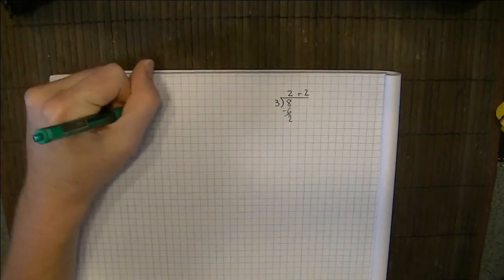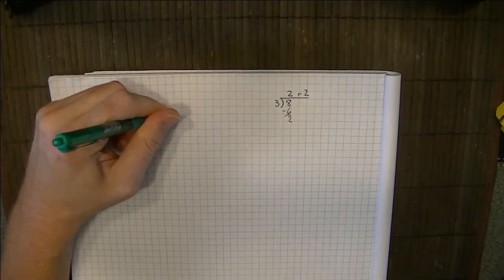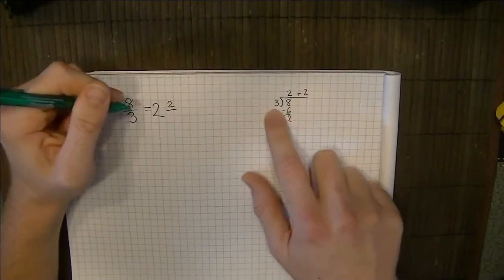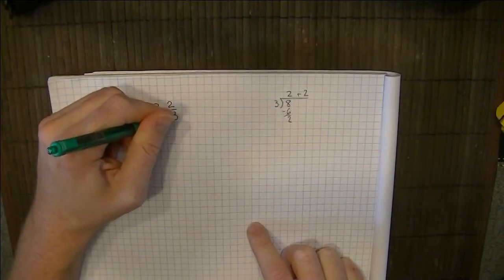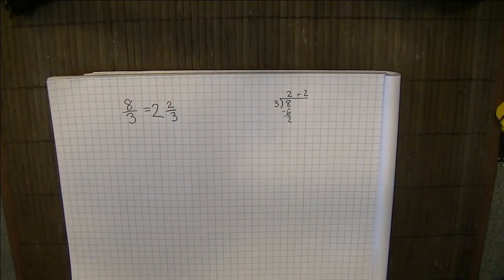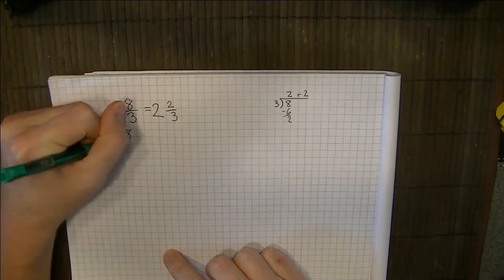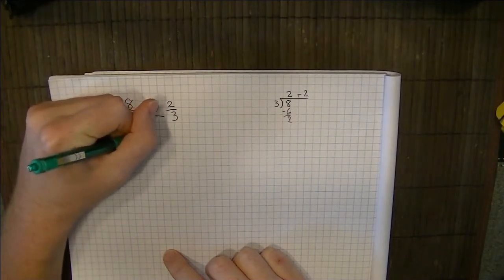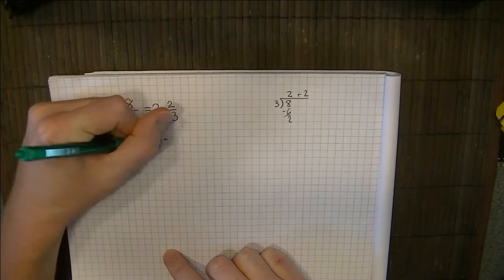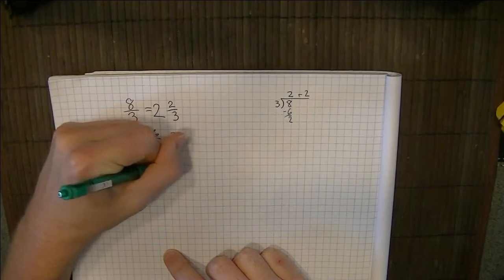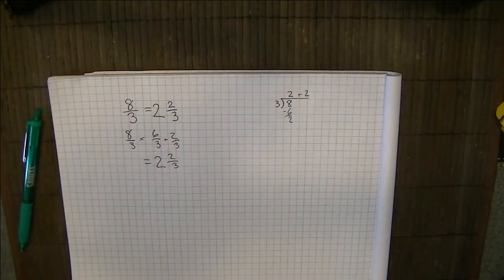What that means is 2, and the remainder of 2 means 2 divided by whatever I was dividing by before, so 2/3. And if we check, indeed that is true, because 8/3 can be written as 6/3 plus 2/3, which is 2 and 2/3. So it does work. Okay, cool.